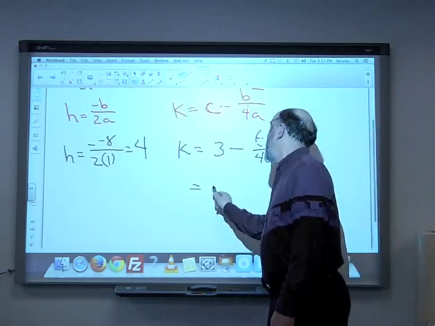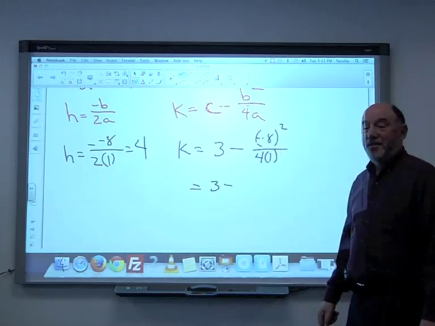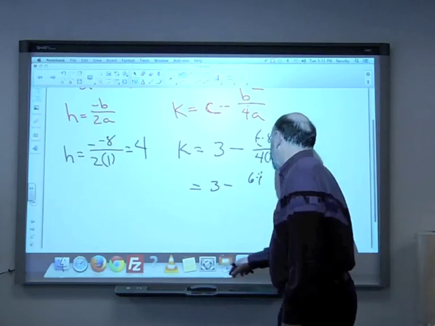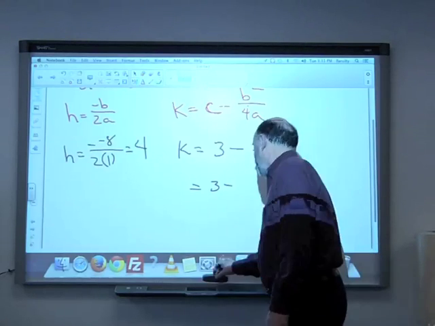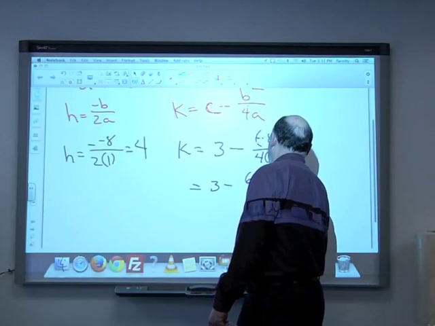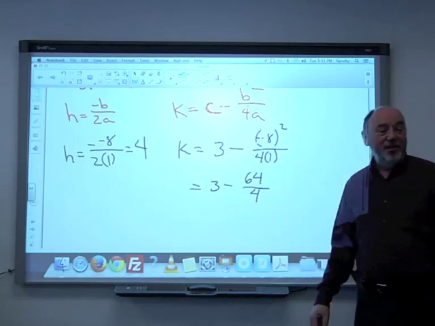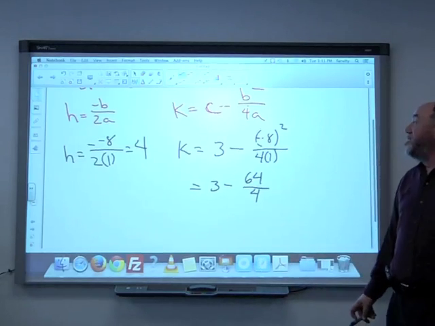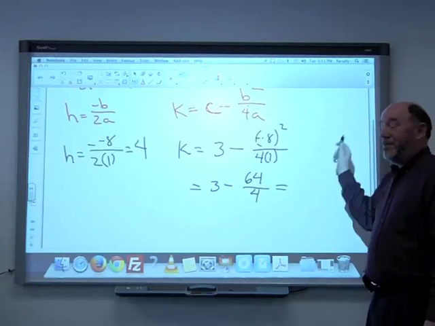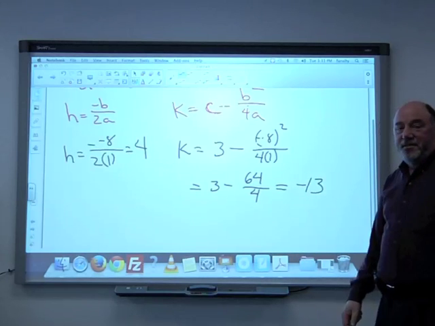Negative 8 squared is 64, and 64 divided by 4 is 16. And so this will give you negative 13.